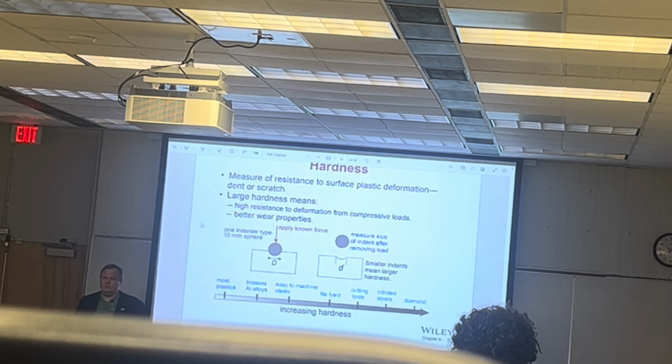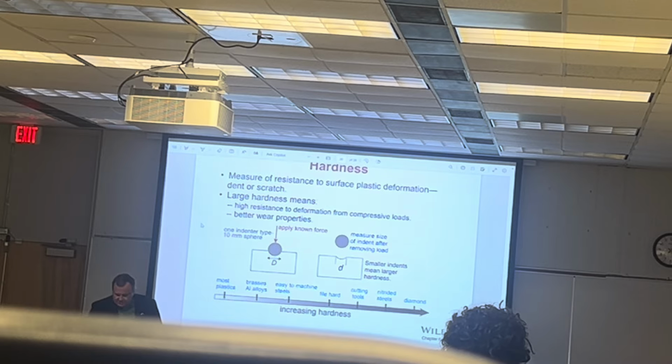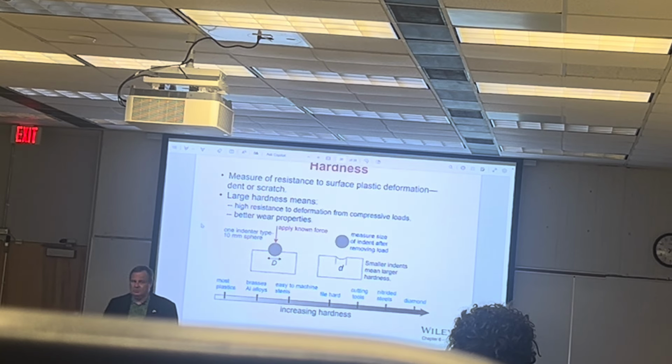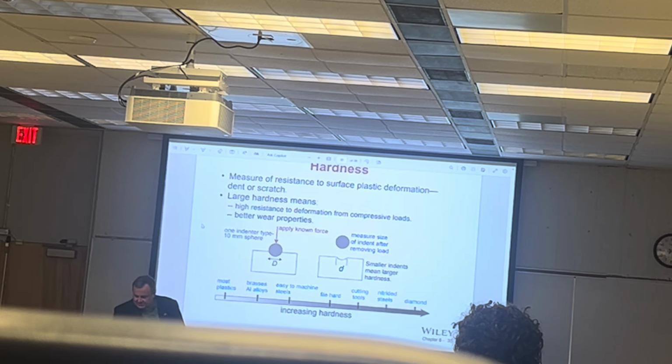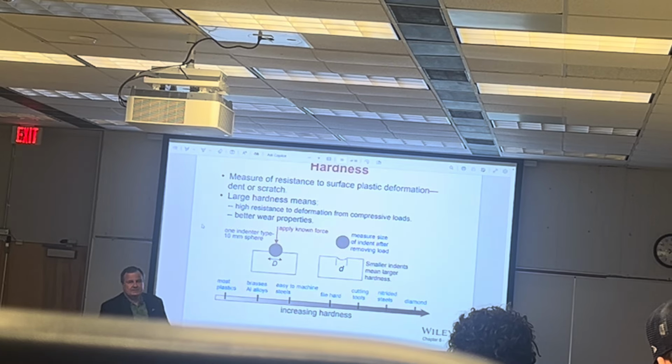What is your input and what's your output? The area that is this impression. So we need to measure that somehow. Okay? And then we divide the load, the weights we put in, in newtons, by the cross-sectional area, the projected area it's called. And that's the hardness.